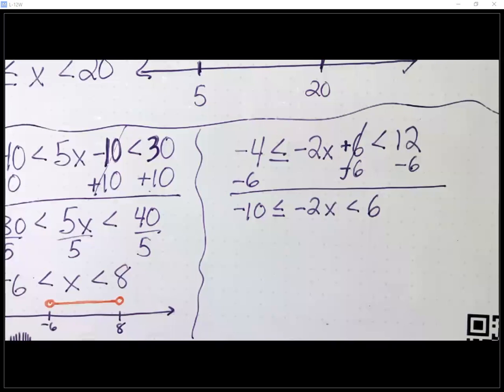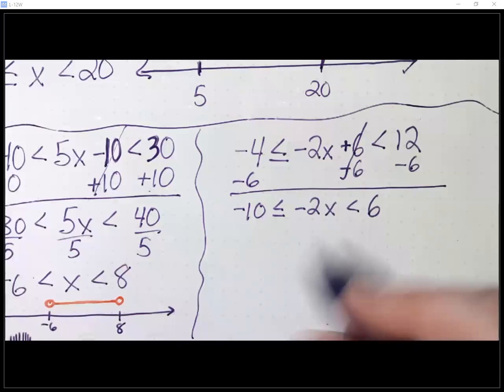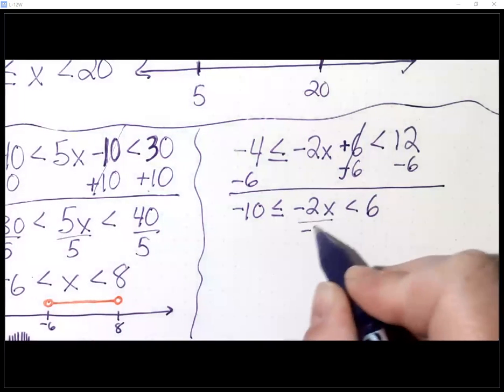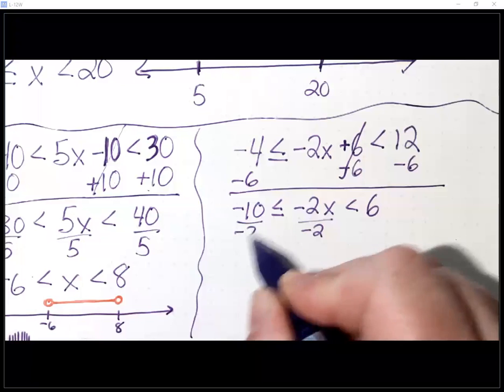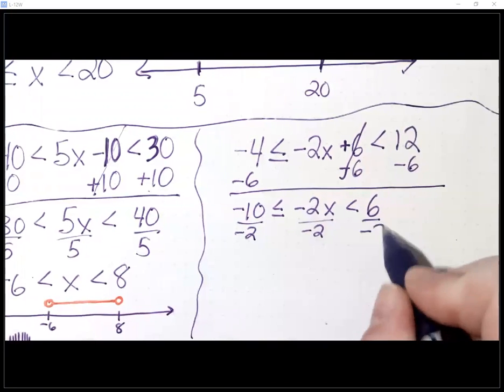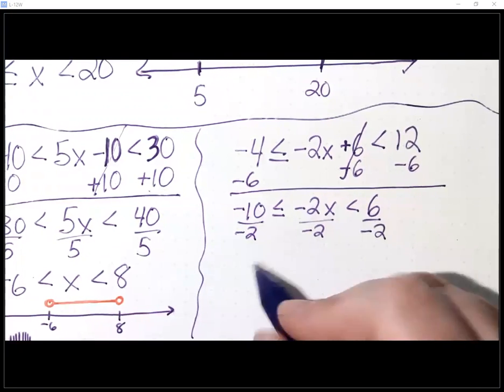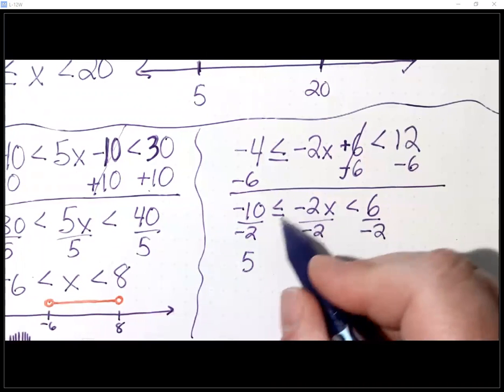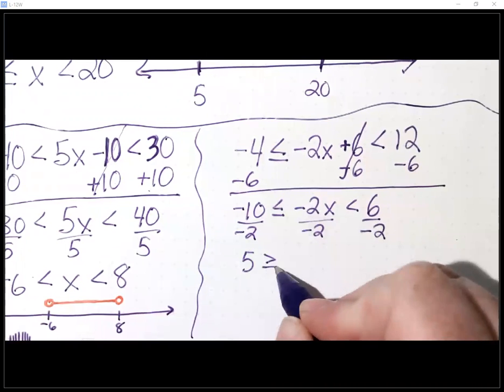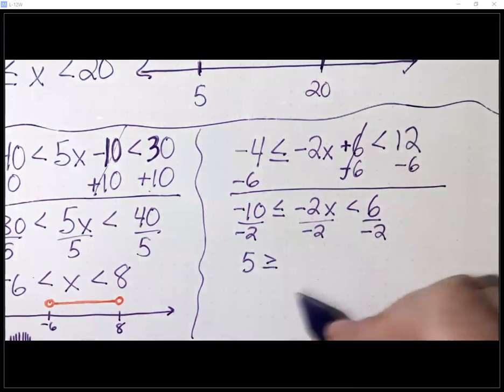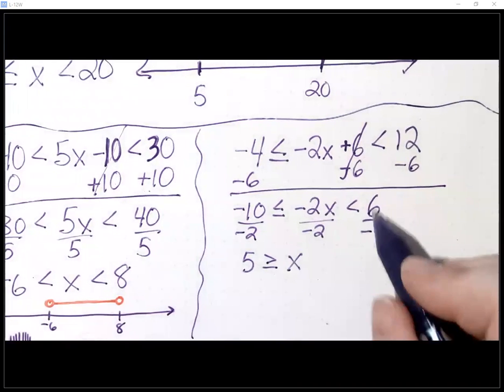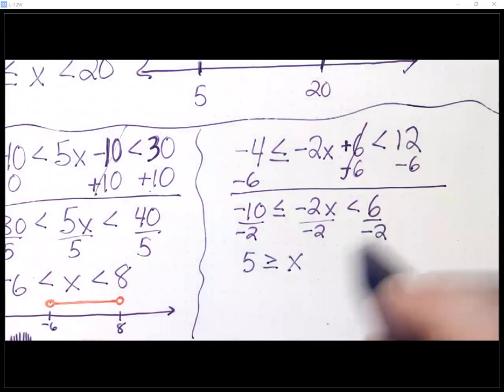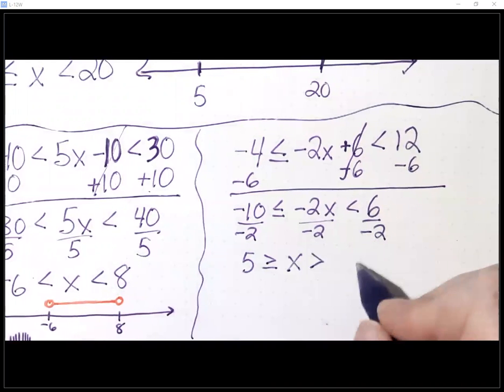So everybody, please watch. Watch this magic. I'm going to divide everybody by a -2. Left, right, and center. Watch what happens now. This is now a +5. That symbol has to flip around. I have just x left in the middle. And then again, I divided by a negative on this side too. So that one flips around and I get a -3 over there.